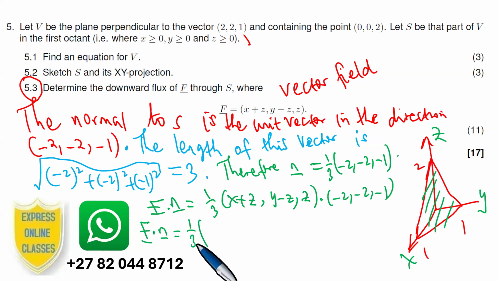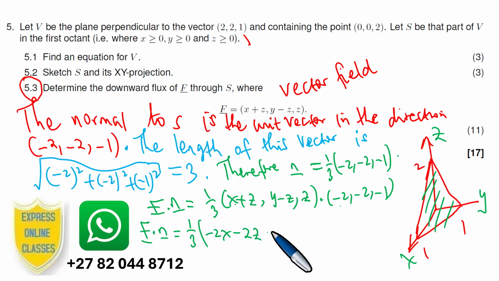So you have 1/3. Now what we are able to achieve here becomes exactly the following. You dot this and that, it becomes minus 2x minus 2z.